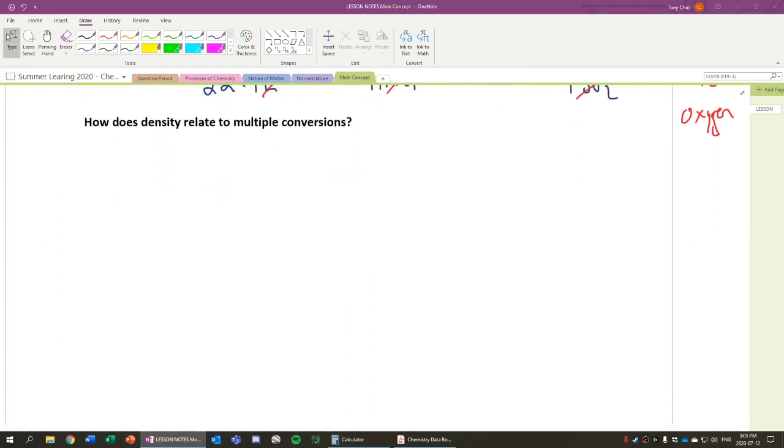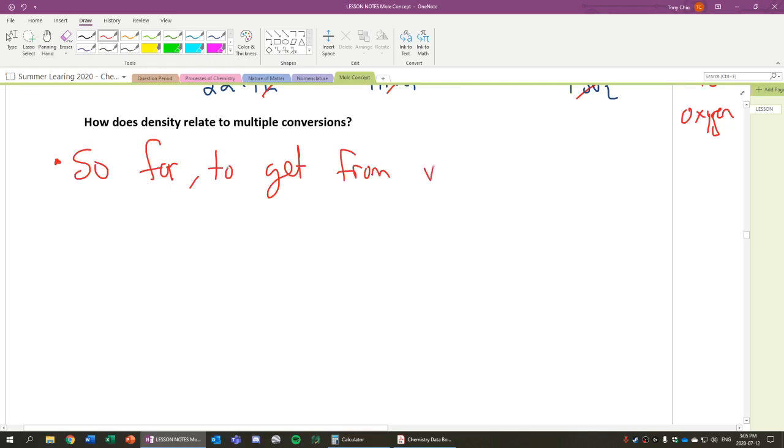Well, so far in everything we talked about, to get from moles to volume, or from volume to moles, we use STP. But there are some limitations.